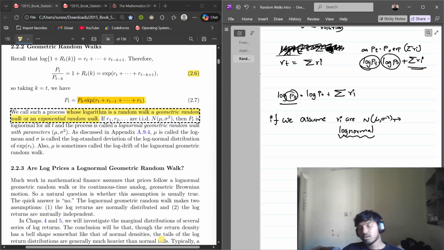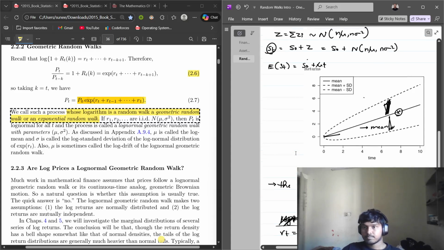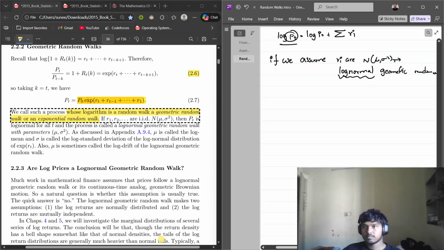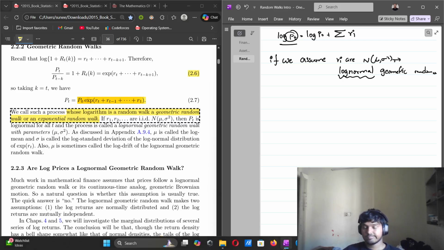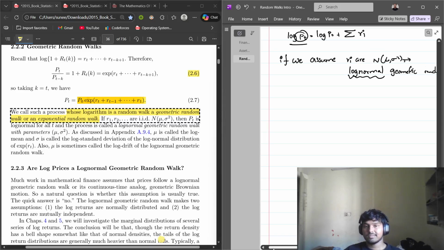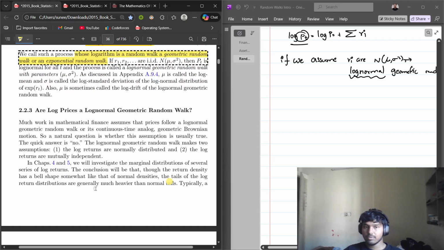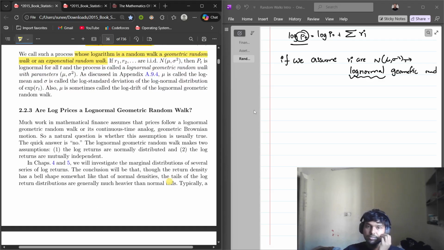We are modeling the log of P_T. So it's called a log normal geometric random walk. But are prices generally a log normal random walk? No, obviously not, because we are assuming that the returns are normal, which is generally not the case.